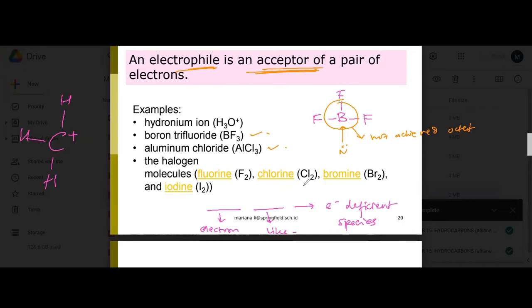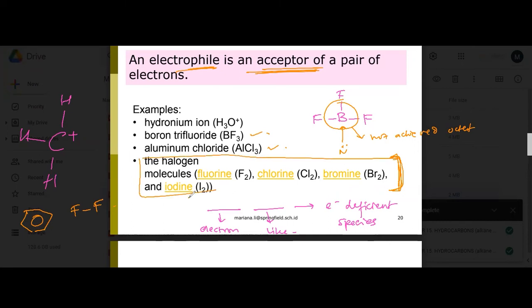Also halogens: fluorine, chlorine, bromine, and iodine. But in this case, we will discuss this at A level, about reactions of benzene with these. We will learn about this in A level.